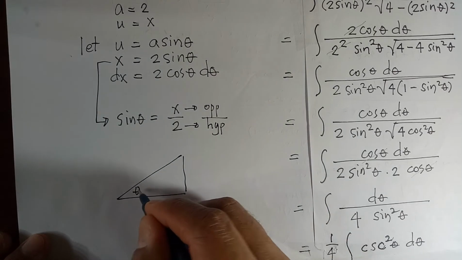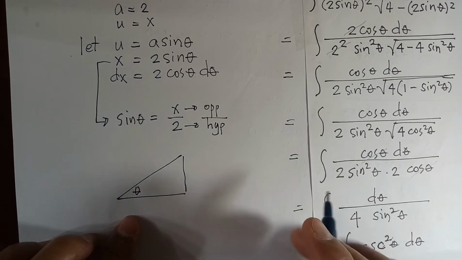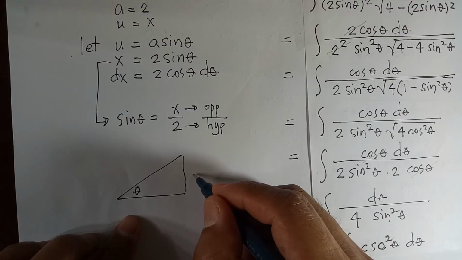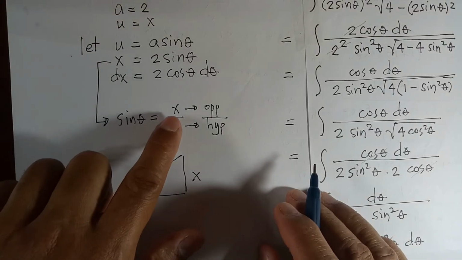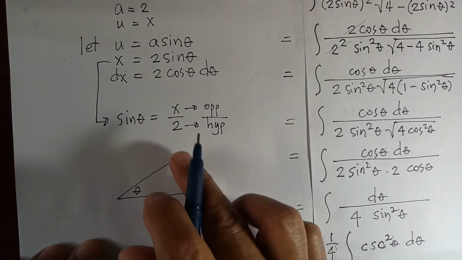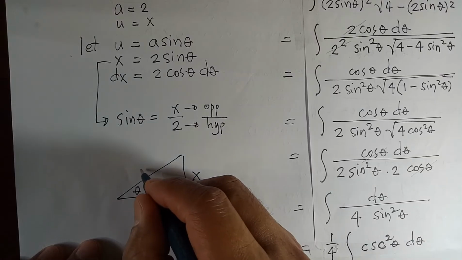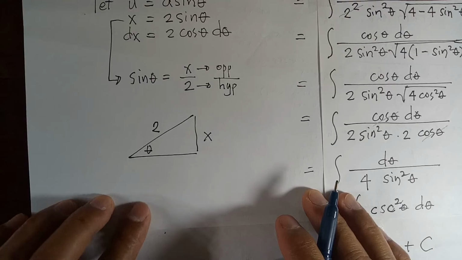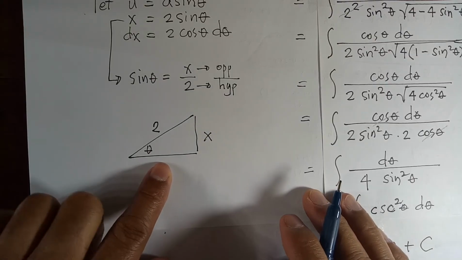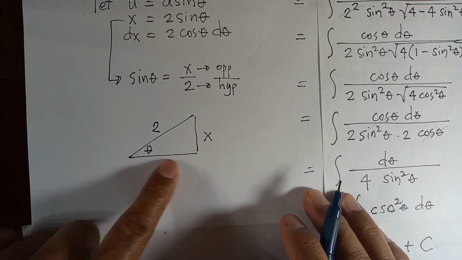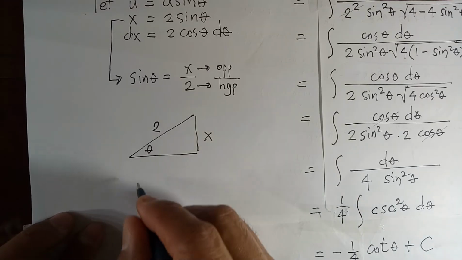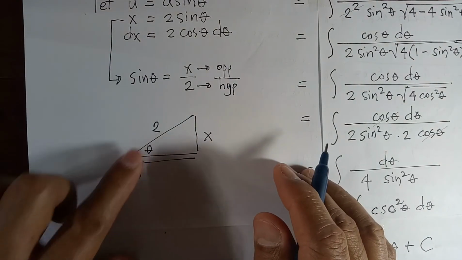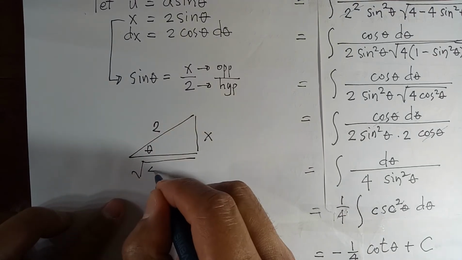So, let us say that this is the angle theta. So, the opposite side of the right triangle will be x. Ayan. And the hypotenuse will be 2. So, this is the hypotenuse. And then by Pythagorean Theorem, no, the adjacent side will become square root of the square of the hypotenuse. 2 squared ay 4.